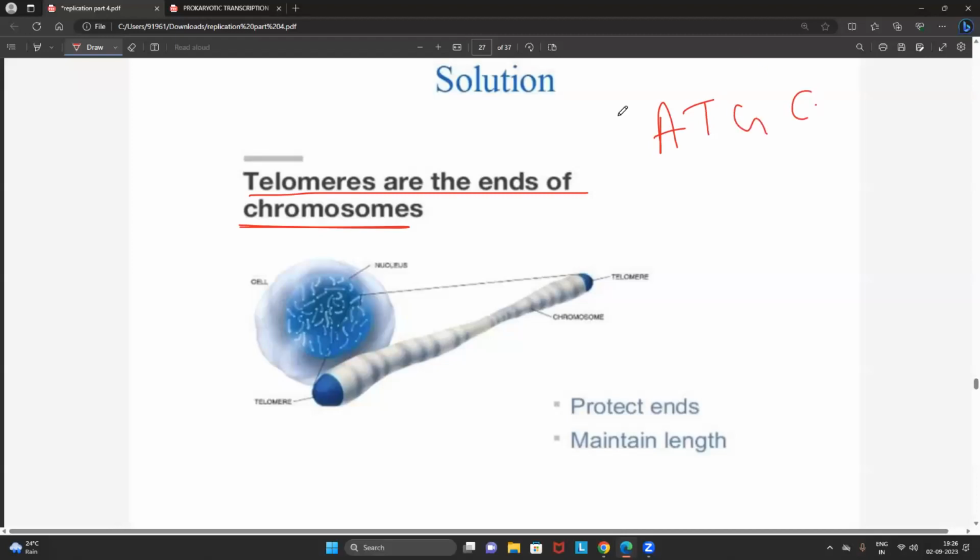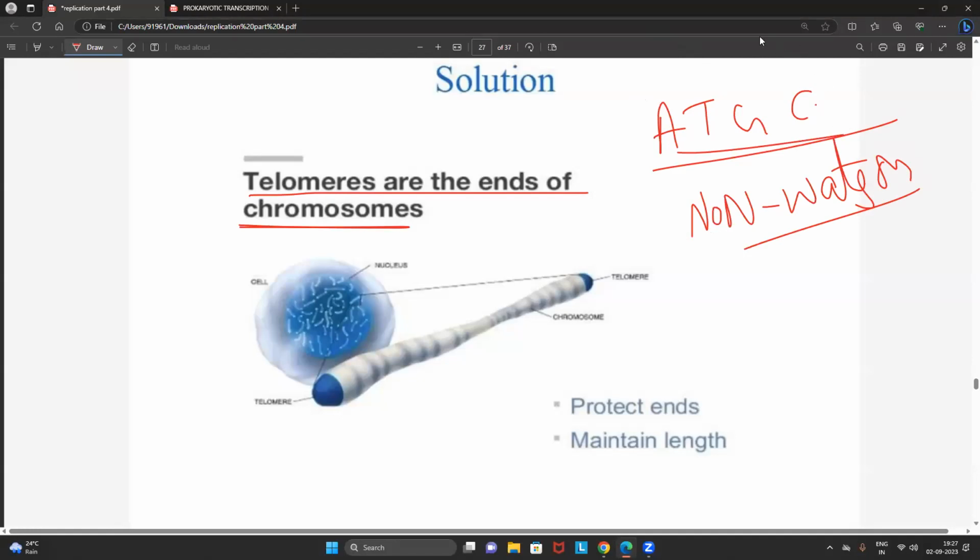And you know very well that telomeres never follow Watson and Crick base pairing. This statement you also got in the exam. Telomeres always follow non-Watson Crick base pairing. Why? Because they do not contain an equal number of purines and pyrimidines. That's an important point: telomeres mostly consist of guanines.